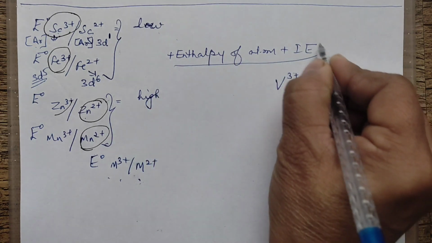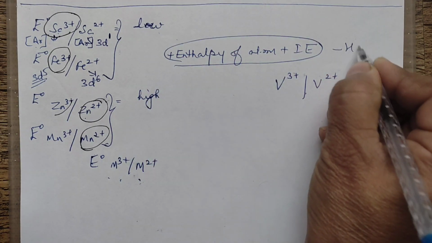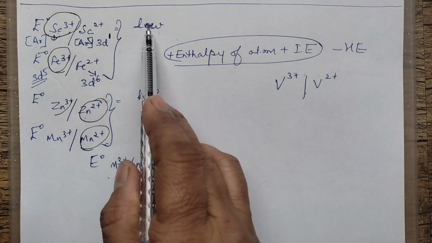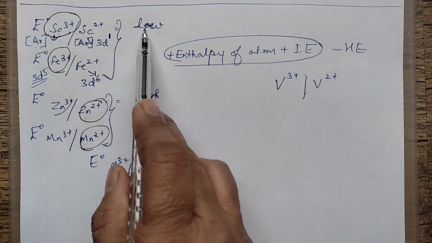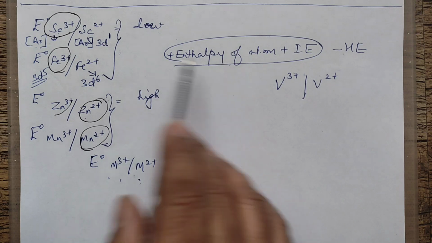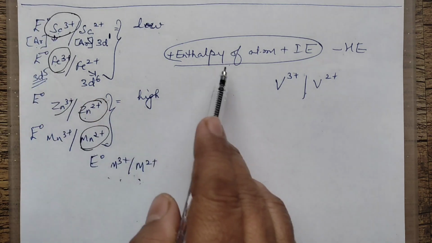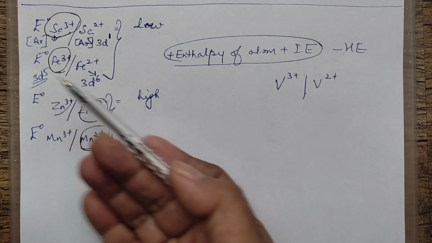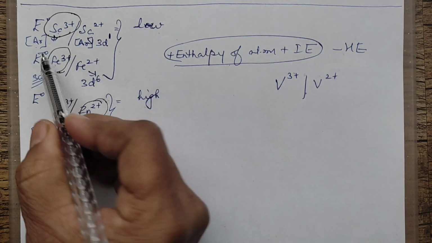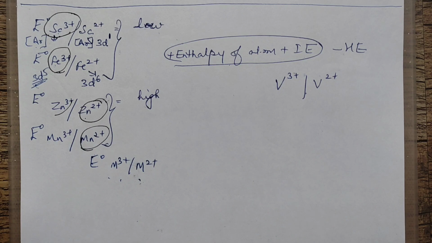These 2 values were positive and the negative value was only hydration. The sum of all this was deciding that E0 value that I already told you. So a lower value means it's more negative. Lower value means either this should be too high or this should be low. So in these two, the ionization enthalpy values are low because it prefers losing an electron and acquiring the nearest noble gas configuration, or in this case a half-filled configuration.